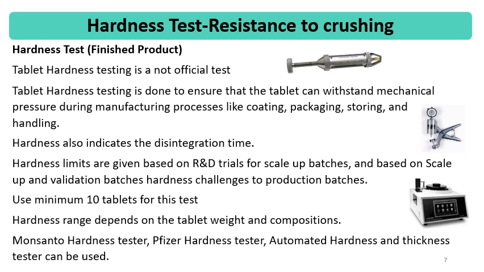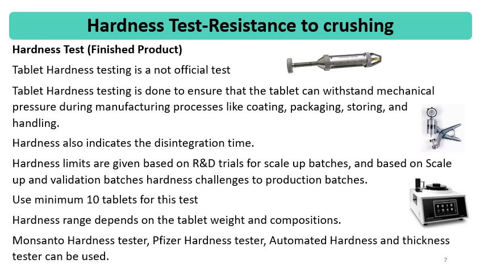storing and handling. And also, if there is a change in the hardness of the formulation during stability, then that can be indicated by the hardness test. See, this hardness test has an impact on the disintegration, and disintegration has an impact on the dissolution. That's why the hardness test is also done for the finished product and during the stability studies.